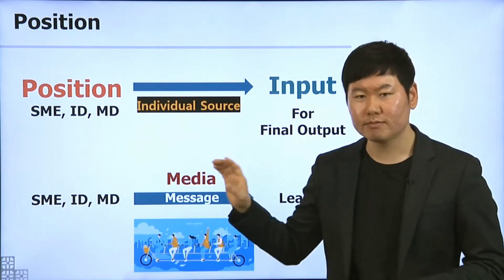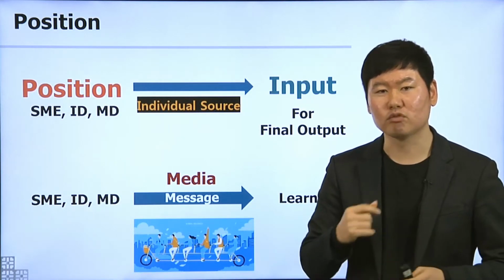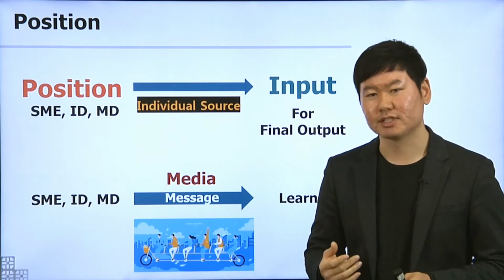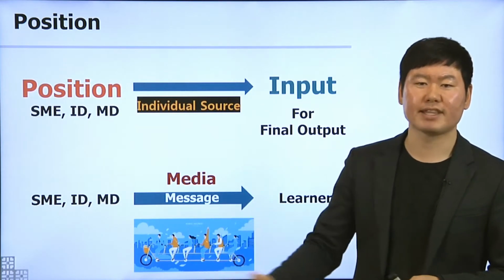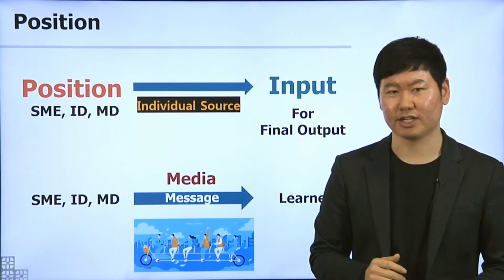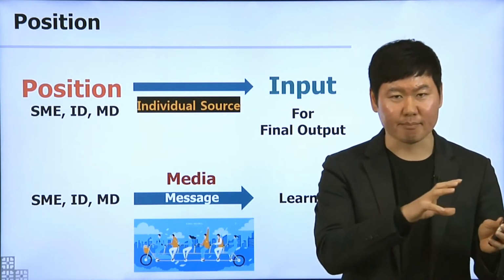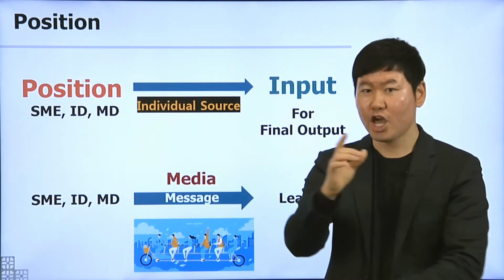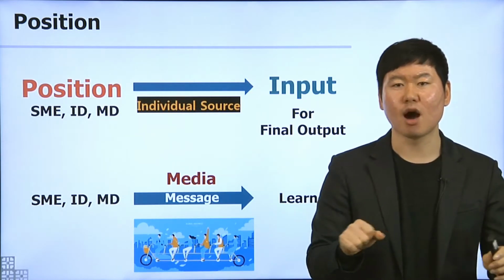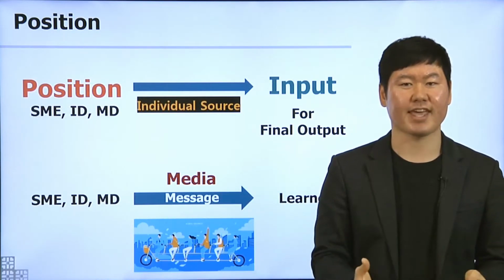Look at the bottom side of the picture. A bicycle is pushed forward by 6 persons. Every person provides their power to the bicycle. E-learning is similar. Every position makes their own message with media for the learner. You have to hold the wheel to combine the media sources as e-learning content.